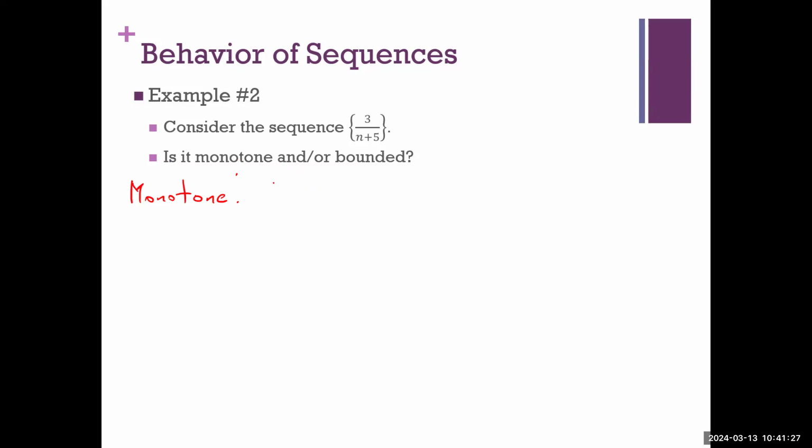I don't know if I brought this up last time, but I think a very good idea to get your bearings about these things is to look at the first several terms of a sequence and see if you can understand anything about it. What's the first term of this sequence? I'm going to write it unreduced: 3/6, and then 3/7, 3/8, 3/9, 3/10.